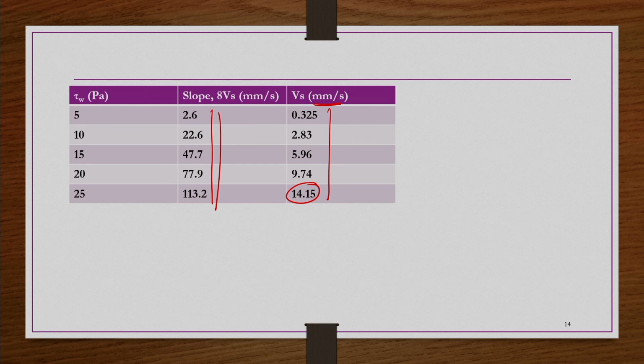You cannot say 14 mm per second velocity is 0 velocity. Even you cannot say 0.325 mm per second velocity is a 0 velocity. So, that means because of this slip velocity, the tau W versus 8V by D curves were not superimposing by changing the diameter of the capillary.